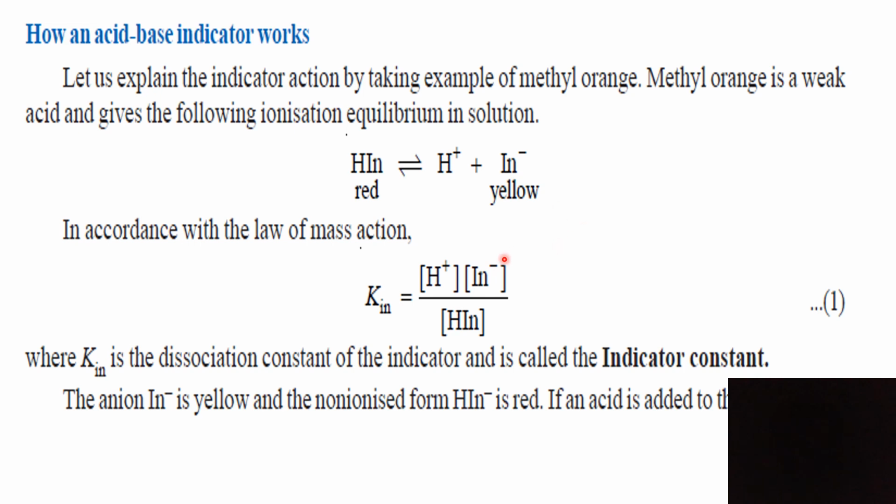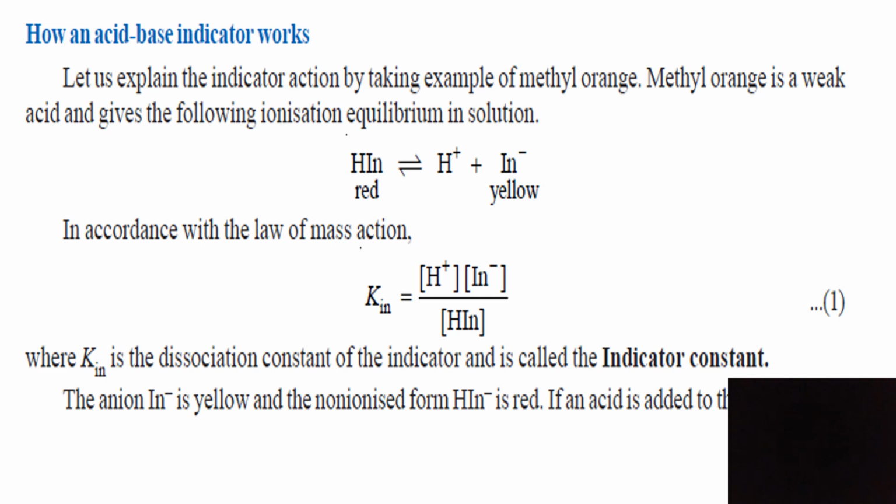According to the law of mass action, product divided by reactant, so K_In, the indicator constant, equals H plus times In minus divided by HIn. K_In is the dissociation constant of the indicator and it is called the indicator constant.